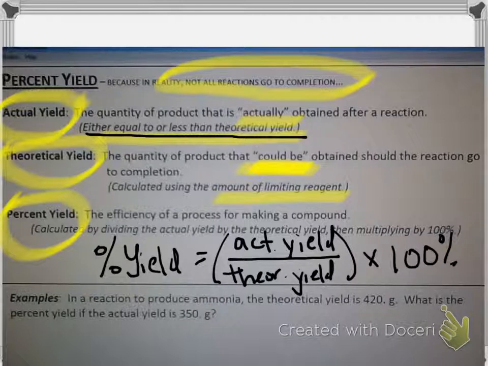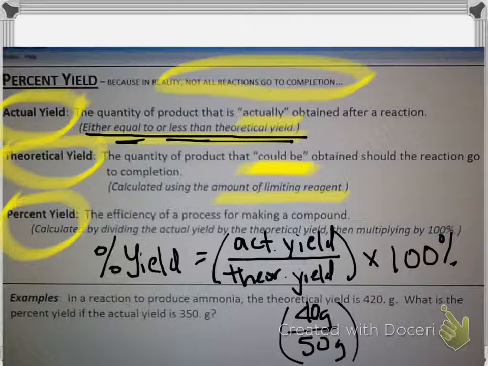Notice, though, that the actual yield can either be equal to or less than. If we made, for instance, 40 grams of our product, but on paper we were supposed to make 50, this would be an example of a ratio where the actual yield was less than the theoretical. 40 divided by 50, that's 4/5.